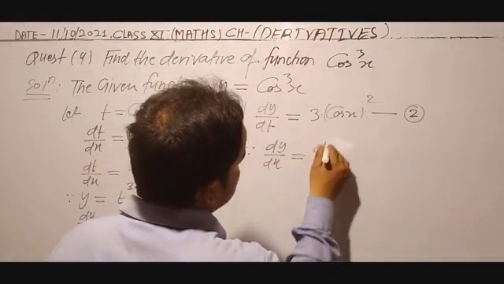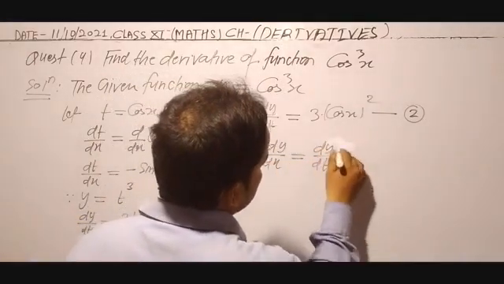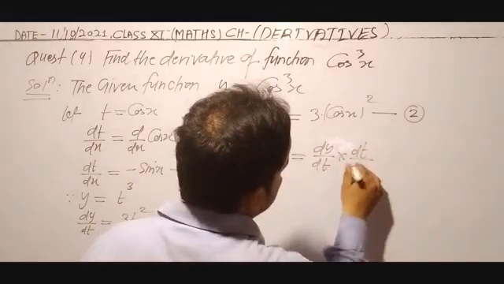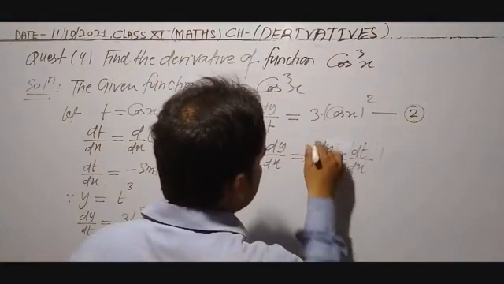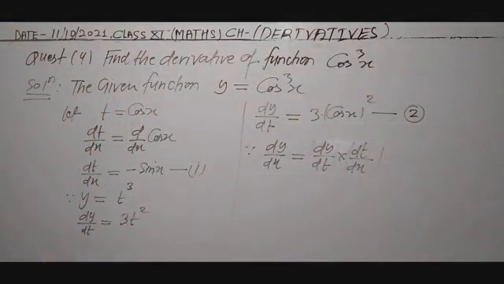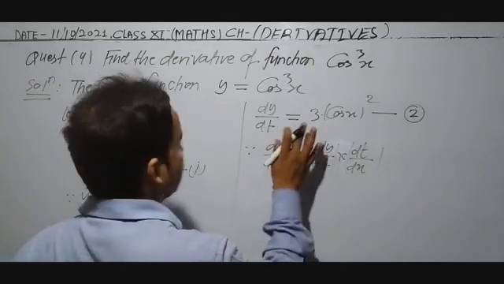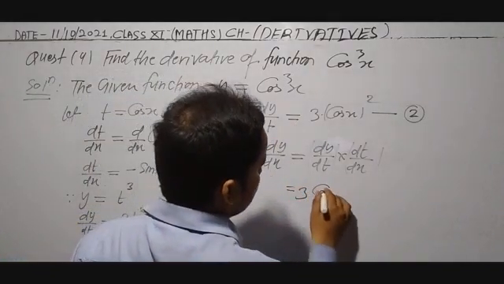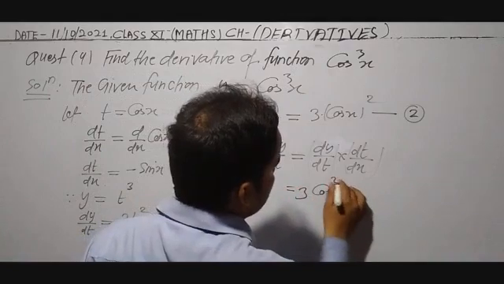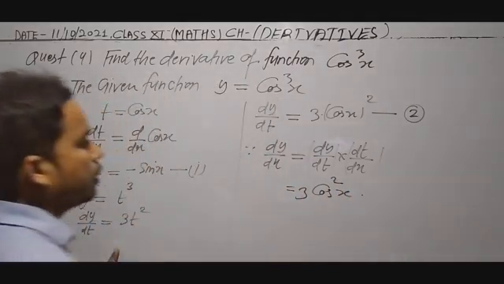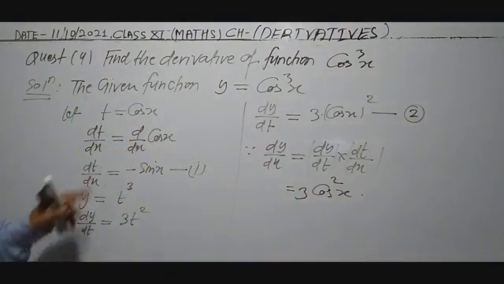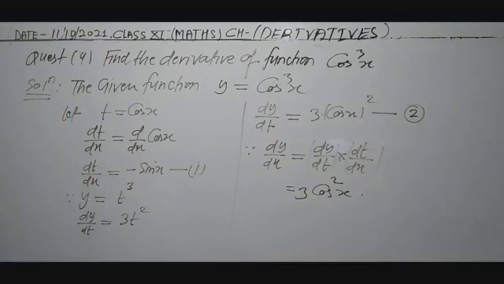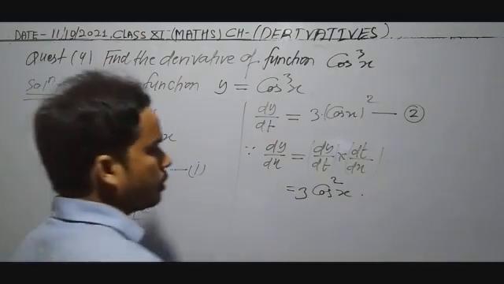Now since you know dy by dx, we can write dy by dt into dt by dx. And now dy by dt result is 3 times cos square x into dt by dx is minus sin x.